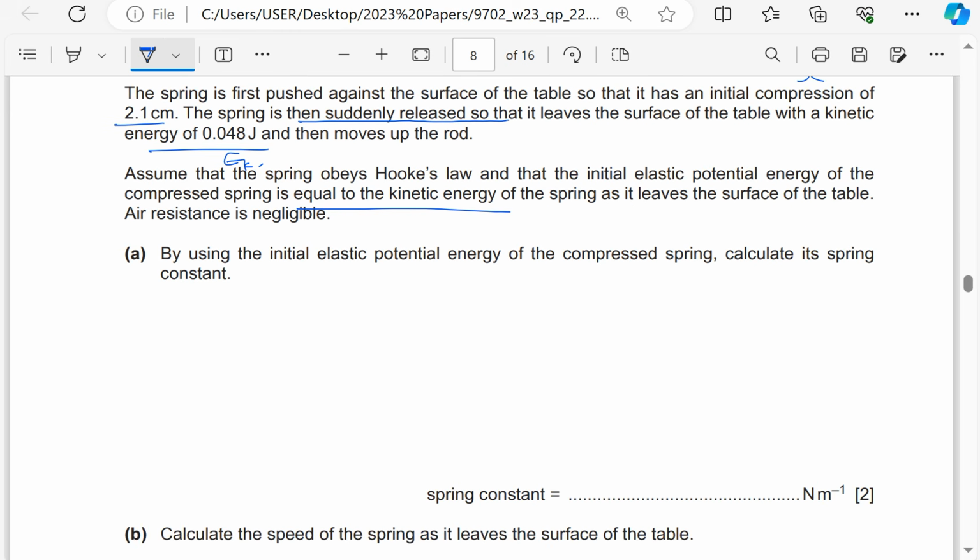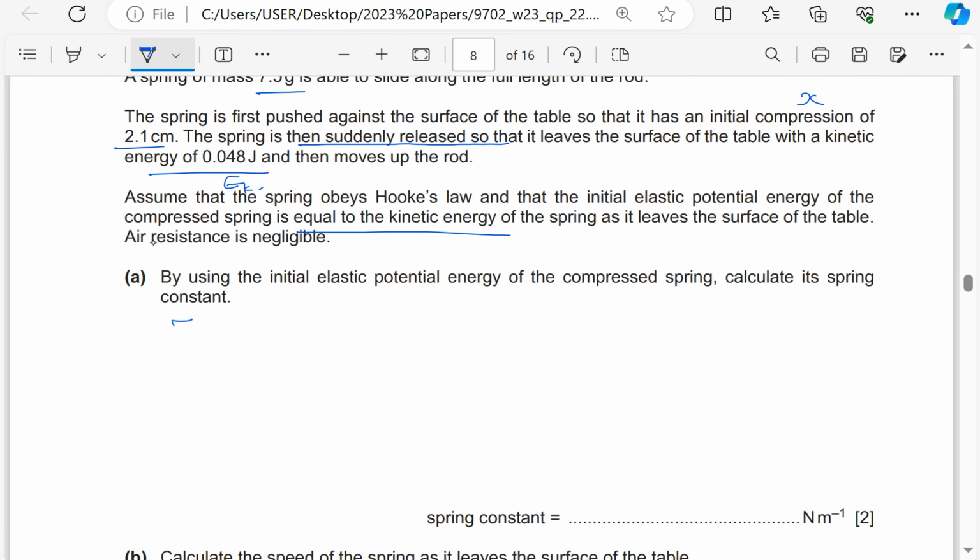Air resistance is negligible. So they're telling us that the initial elastic potential energy of the compressed spring is equal to the initial kinetic energy. So it means that half mv squared is the same as half kx squared.